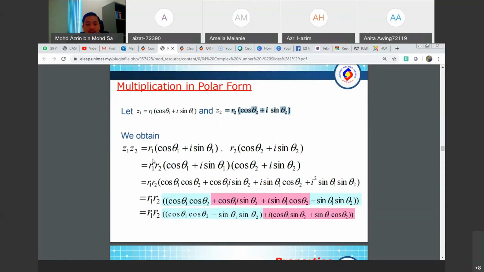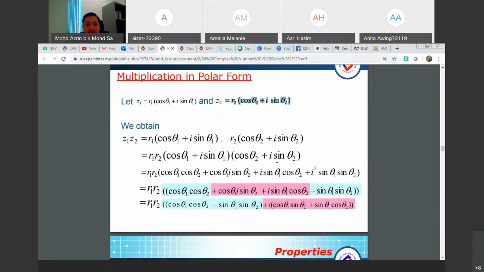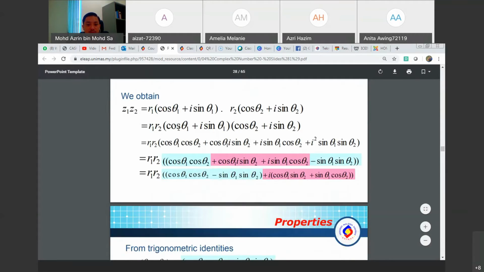So after we solve this multiplication, this equation we susun balik r1 r2, then kita buat dalam bentuk ni. After that you multiply this cos theta 1 and cos theta 2, i sin theta 1 to i sin theta 2, and so on lah.